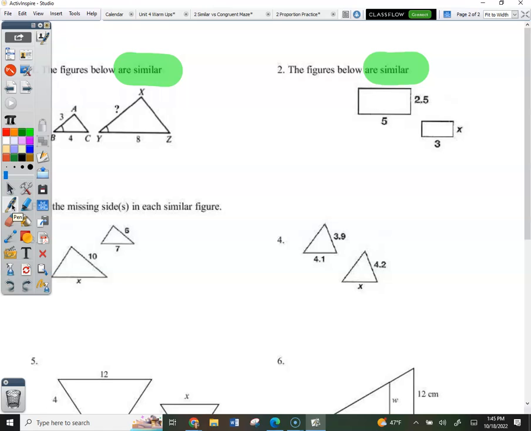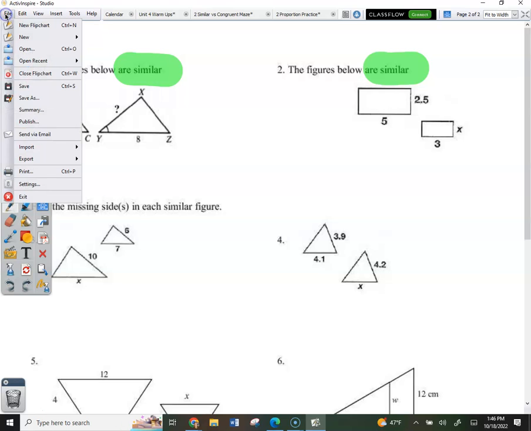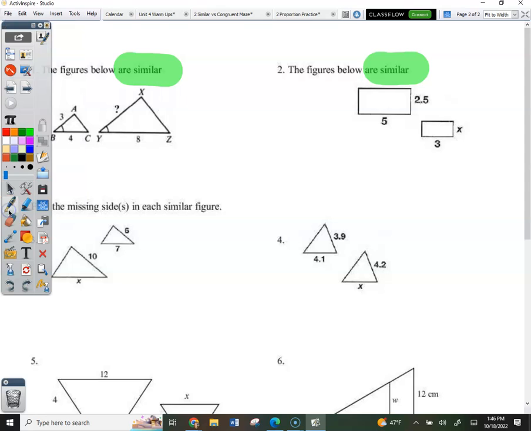Which means the angles that pair together are congruent, and the sides that pair together are proportional, which means we can set up a proportion and do what to solve? Cross multiply. And do you know how to do that? I do. Because we did our homework Friday.